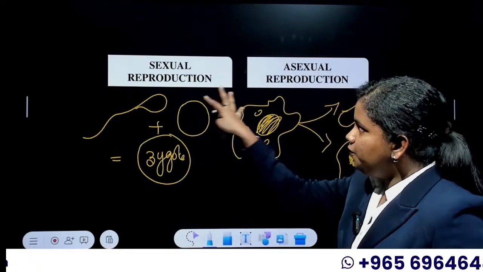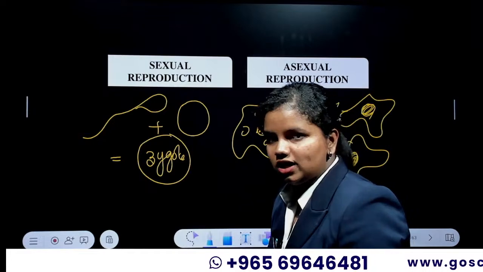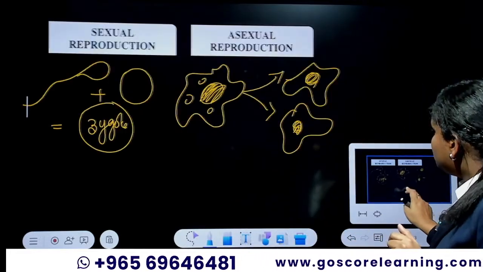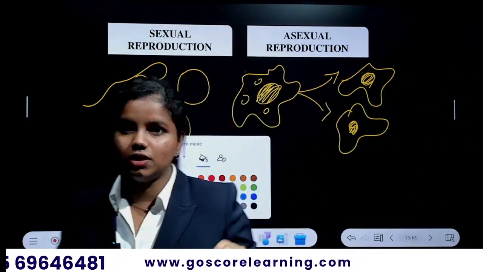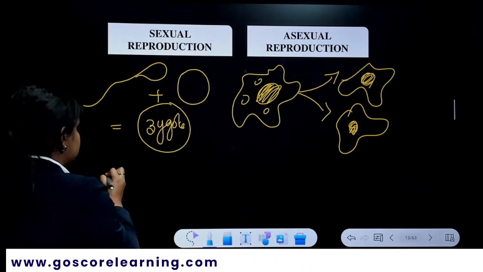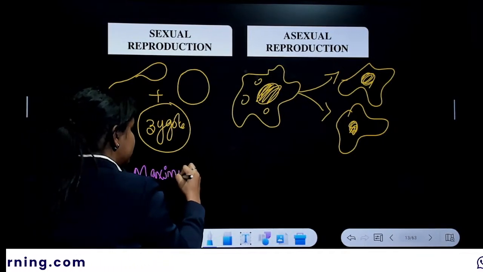So, if you try to compare the two types of reproduction and the amount of variation happening in them, you can easily say that sexual reproduction leads to maximum variation. Keep this point in your mind.